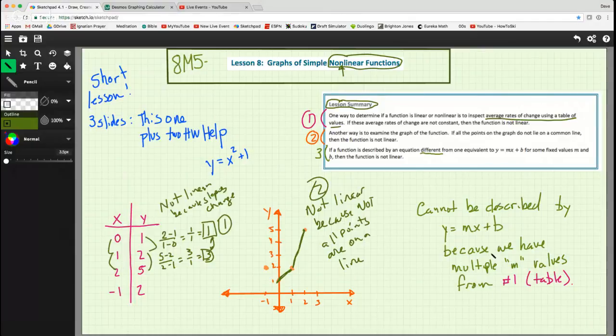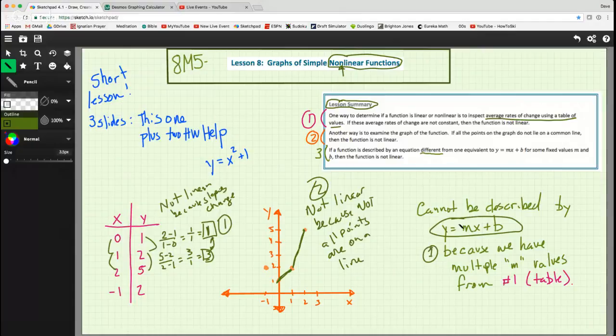We know for 2 reasons that it can't be described by y equals mx plus b. The first reason is right here: we have multiple m values. If I have a slope of 1 here and a slope of 3 here, we can't use y equals mx plus b, because what will we put here, a 1 or a 3? We can't put them both.